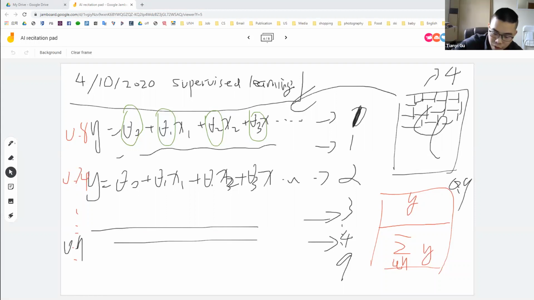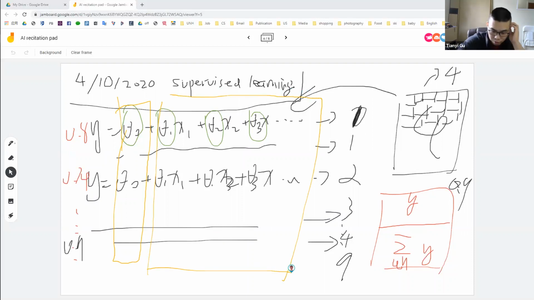Yes, one for each pixel, and then you have the y-intercept, which is the 201st. So how many pixels you have plus 1 is your feature number.